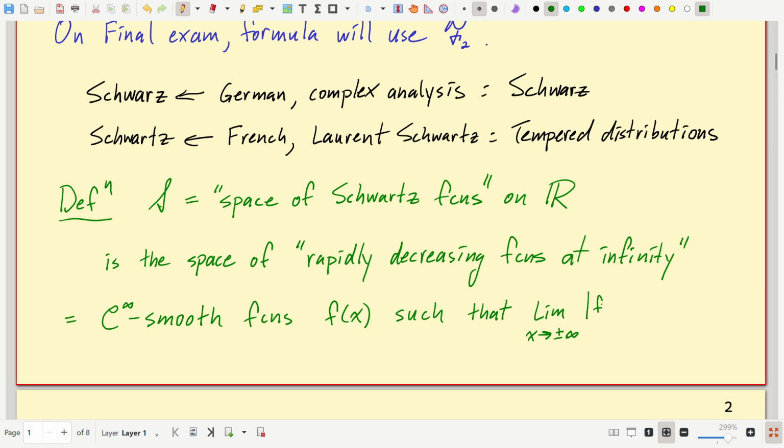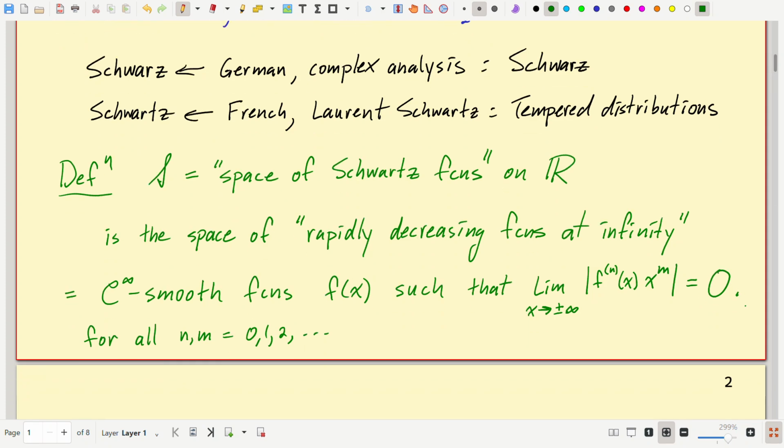You take a derivative as big as you want, and then you multiply by a power as big as you want. And those go to 0 for all n and m, positive integers, well, even 0, for all n, m equals 0, 1, 2, etc. Okay, so they really shoot into 0 as x gets big.